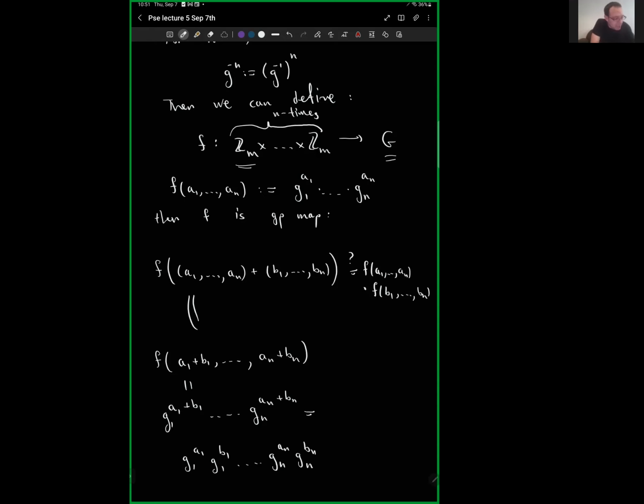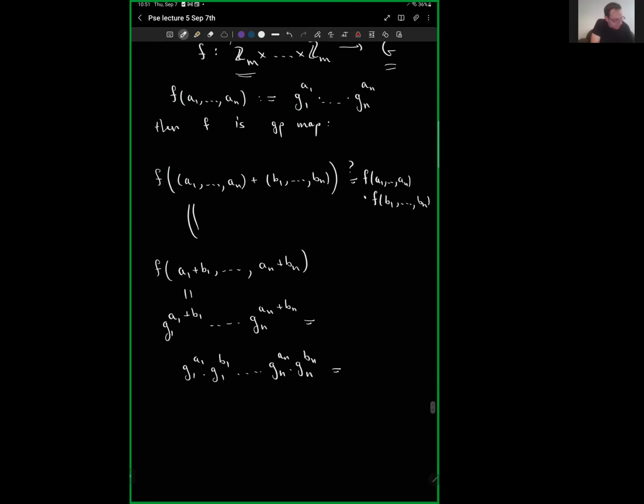And since G is abelian, I can commute all the factors of this product to get f of a1 up to an multiplied by f of b1 up to bn.